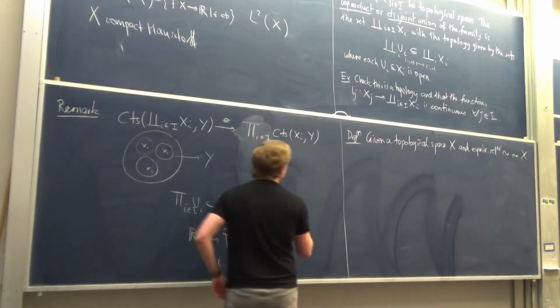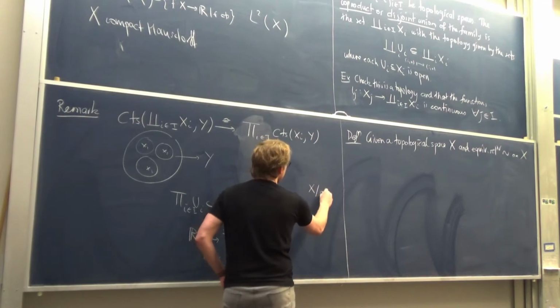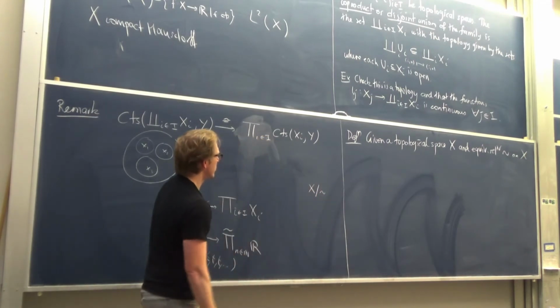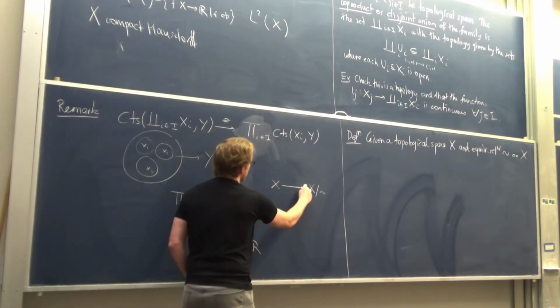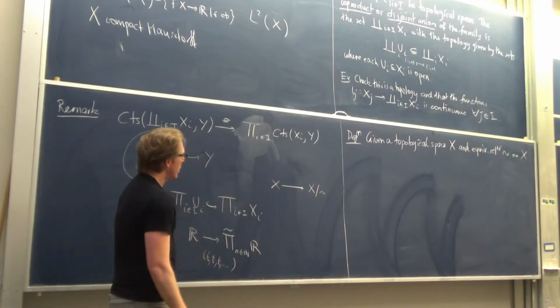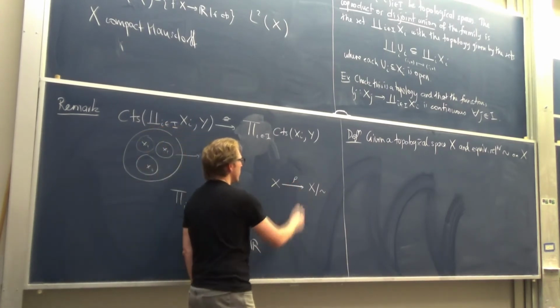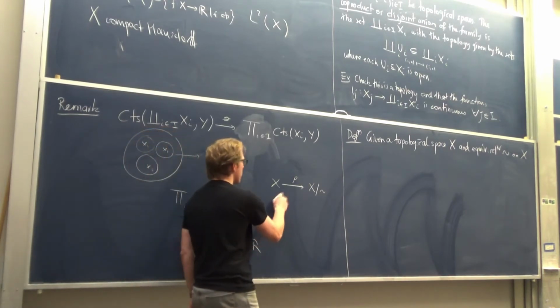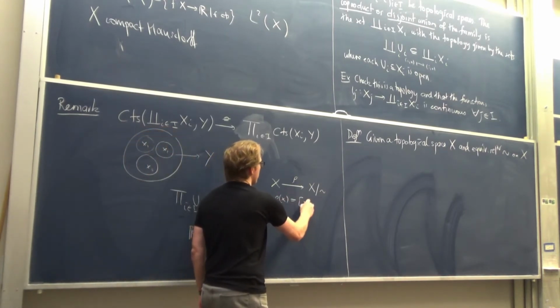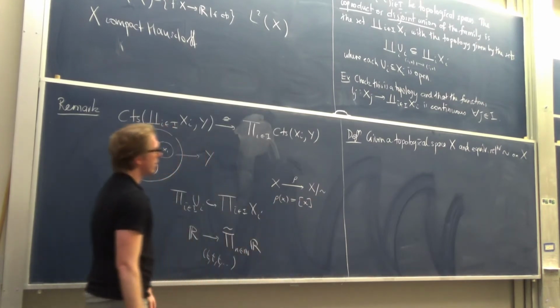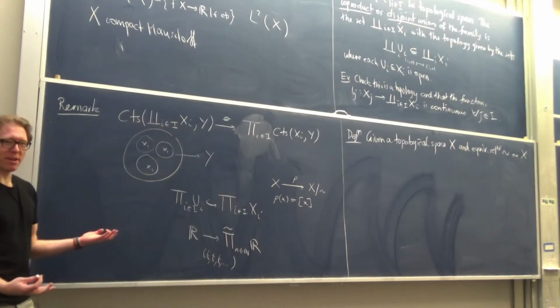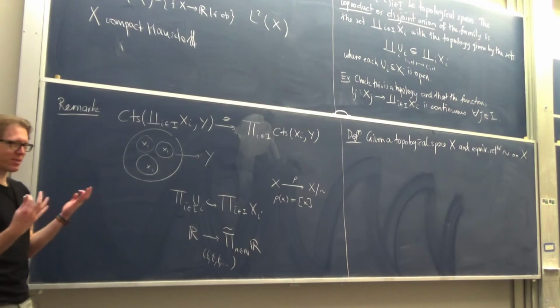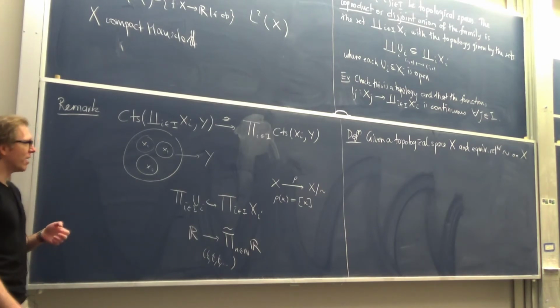So how are we going to do that? Well, we know how to form the set of equivalence classes, right? That's X mod tilde. And there's this map which just sends an element to its equivalence class. I mean, that better be continuous, right, for this to be even the most slightly reasonable definition.